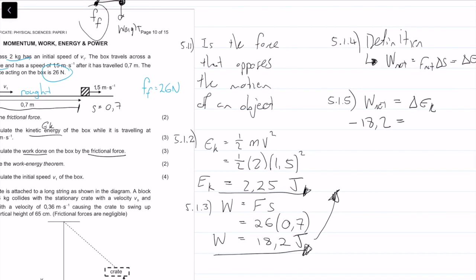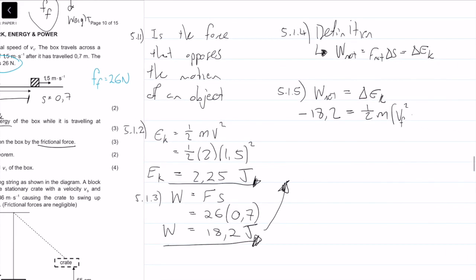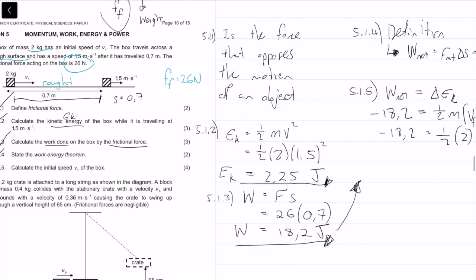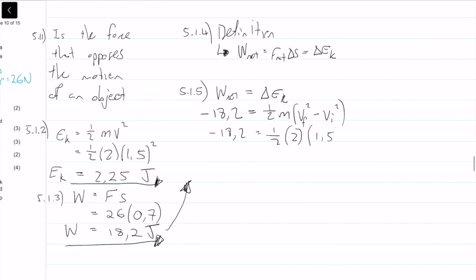Okay, we can just say half mass times velocity final squared minus velocity initial squared. Okay, so we have minus 18.2 is equal to a half times the mass of 2 kilograms times the velocity final, which we know was given in the question as 1.5 meters per second, so 1.5 squared minus velocity 1 squared. Okay, so let's just change this to velocity 2 and velocity 1.